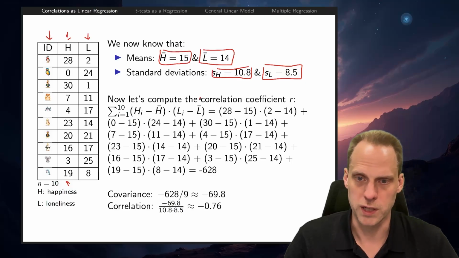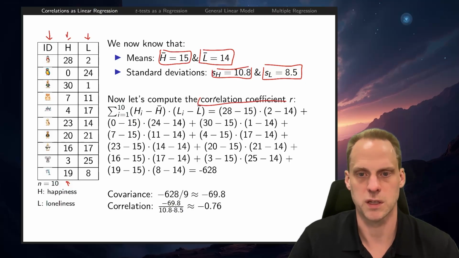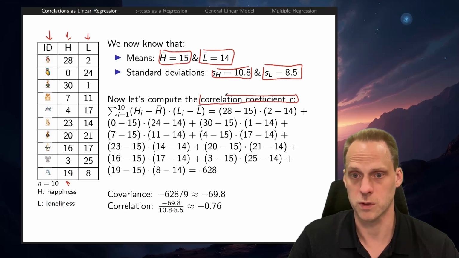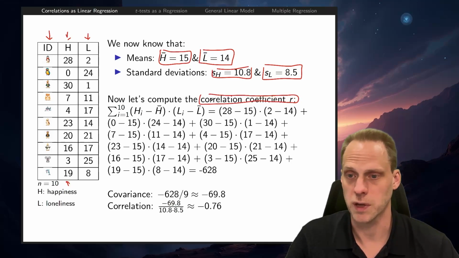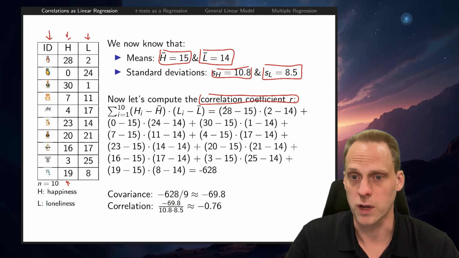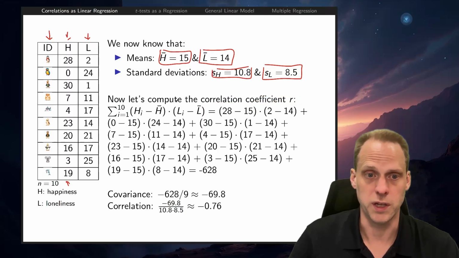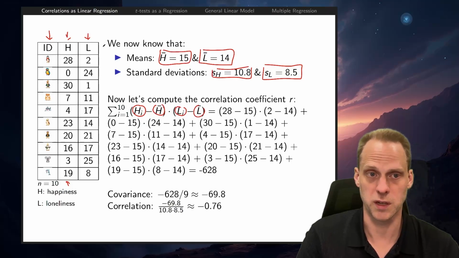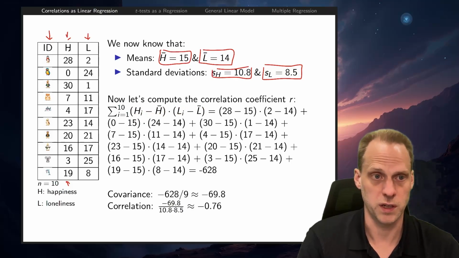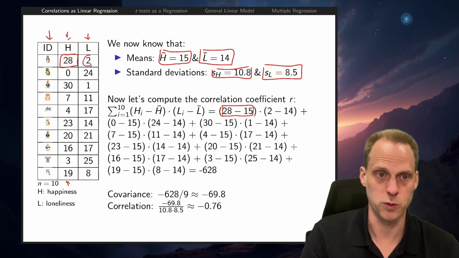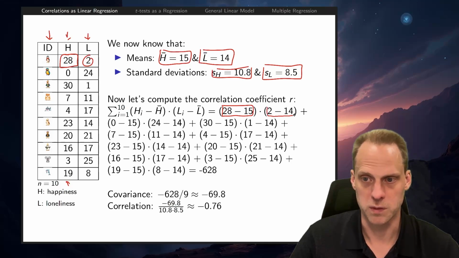And we can compute the correlation coefficient. This is something that you are expected to be able to do, for example, in the exam in this course, that you can calculate something like this by hand. It takes a lot of notes, but it should be possible. So how do we calculate the correlation coefficient? We take for each score, the score minus its mean multiplied by the score minus the mean in the other variable. So here we have 28, this owl, 28 minus 15, the mean, multiplied by 2, the loneliness score, minus the mean for loneliness.